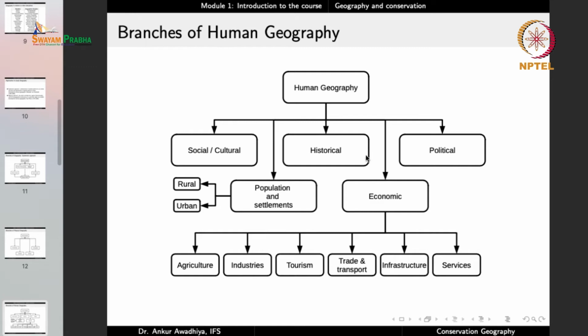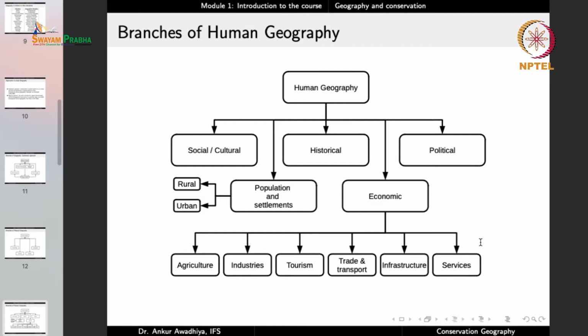We ask things about historical geography. So that is also a subpart of human geography. We have political geography. We have economic geography. And in the case of economic geography, we have several sub-subdisciplines like agricultural geography, geography of industries, geography of tourism, geography of trade and transportation, geography of infrastructures, geography of services.